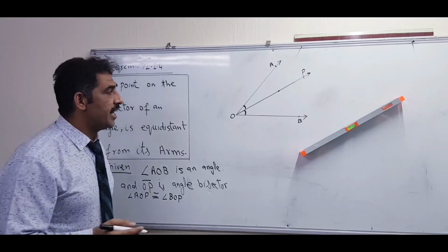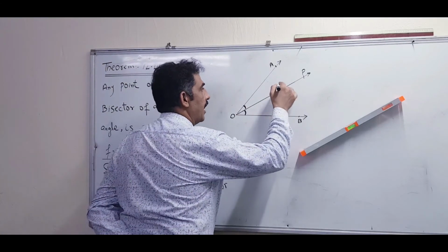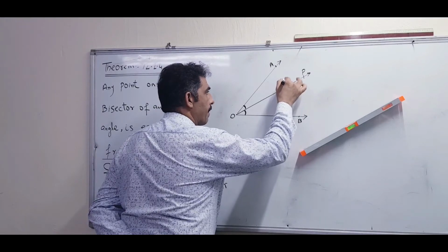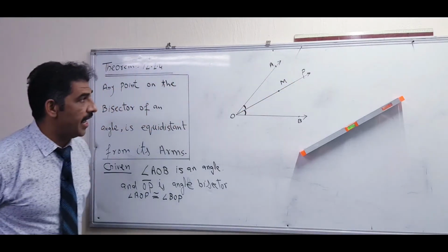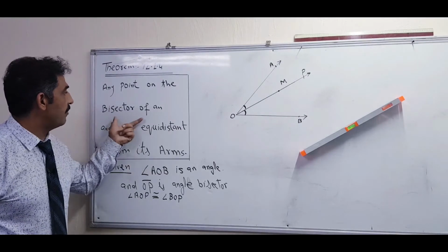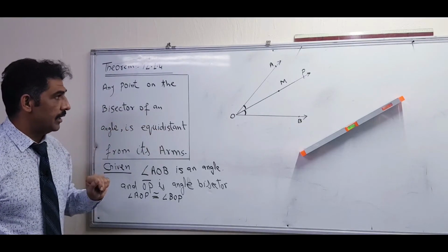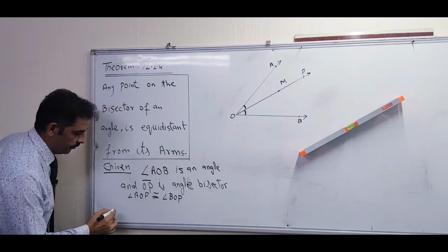So we take a point M on the angle bisector of AOB.